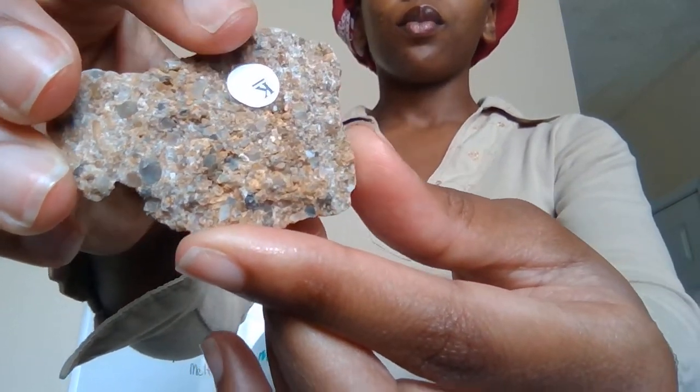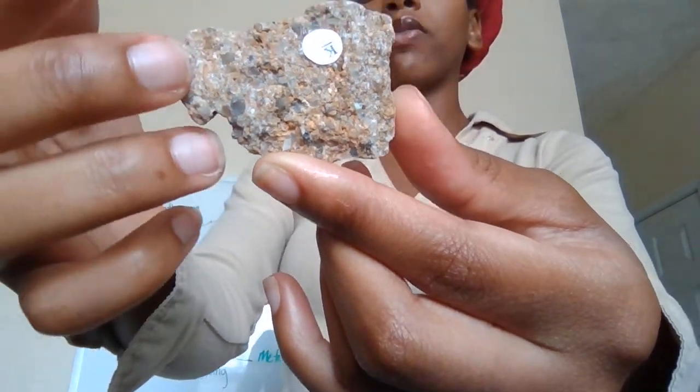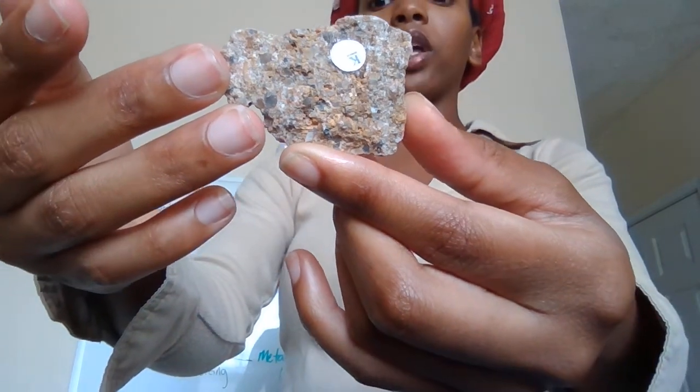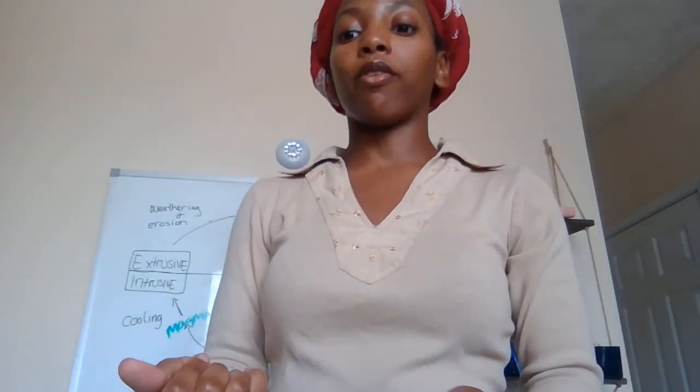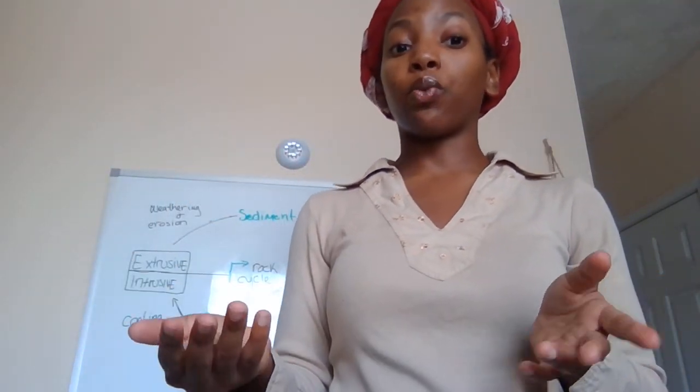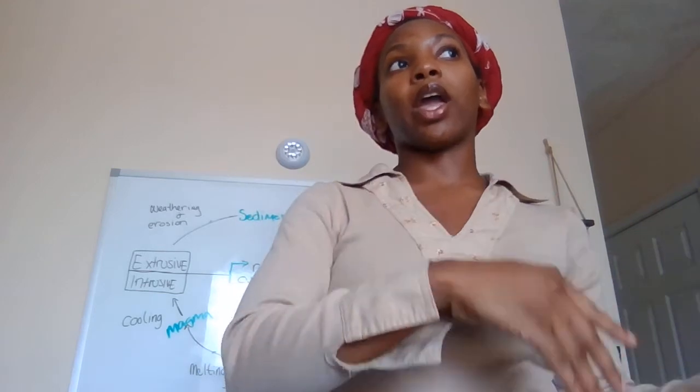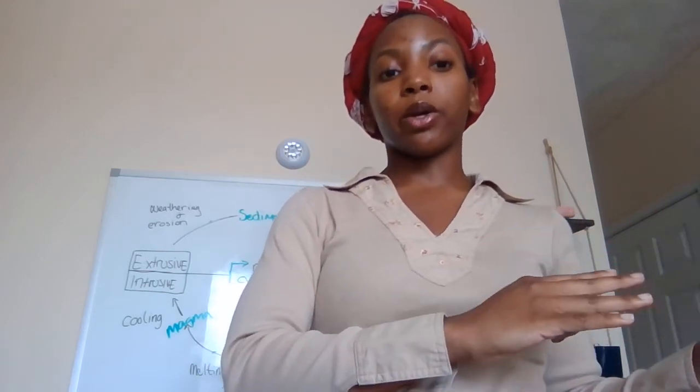And because of the texture of this rock, we can infer that it was probably involved in a volcanic eruption where it was moving from that higher temperature crystallization to a very dissimilar low temperature crystallization.